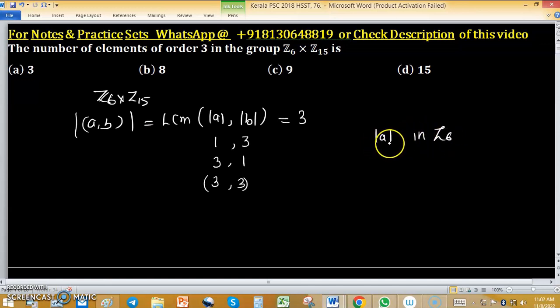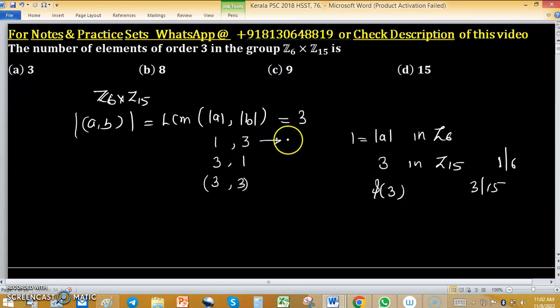Because 1 divides 6, the number of elements is 1. And elements of order 3 in Z15, because 3 divides 15, that's 2.